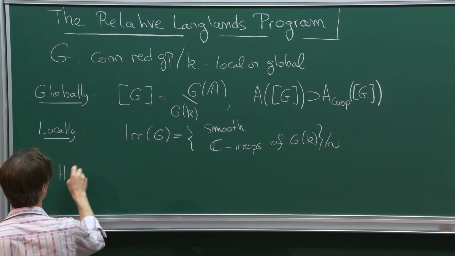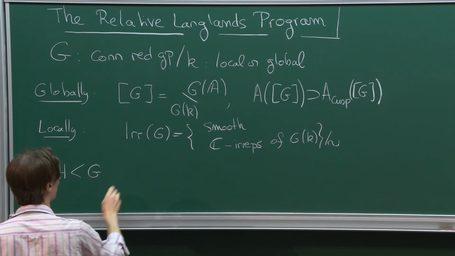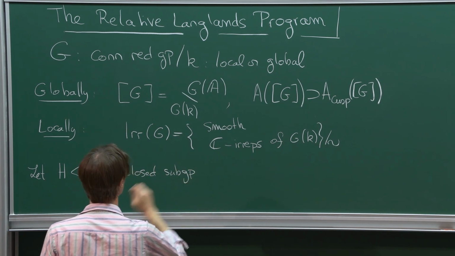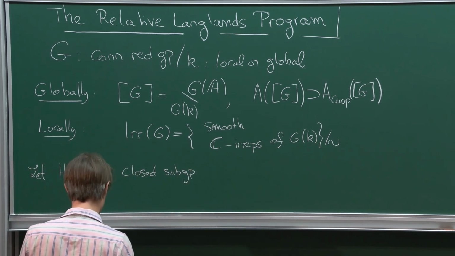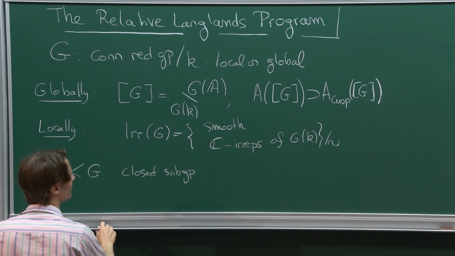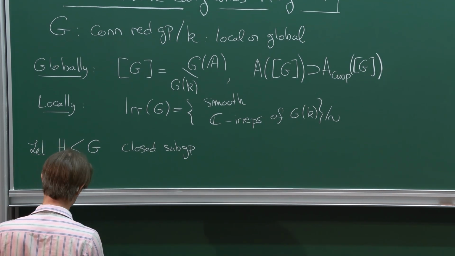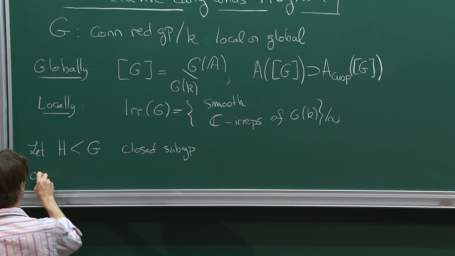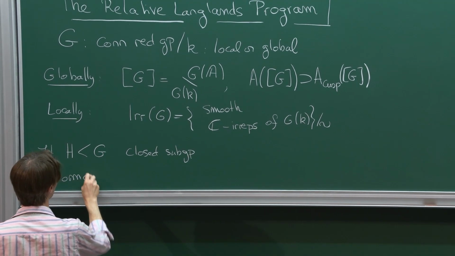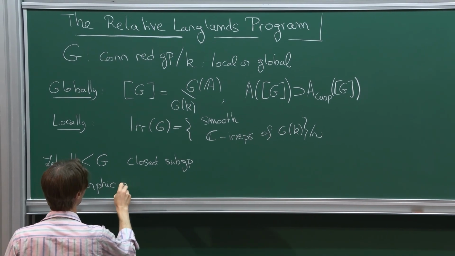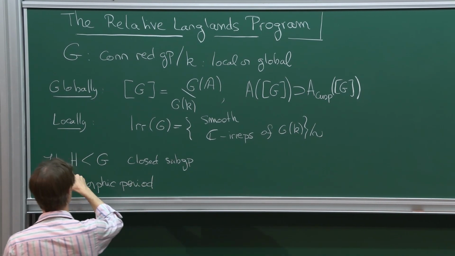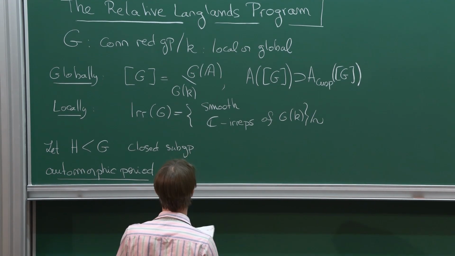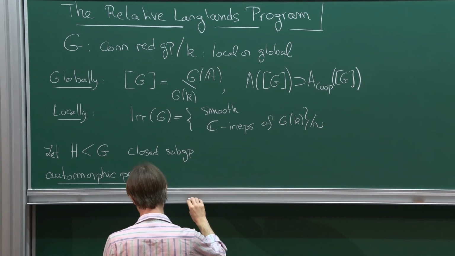One setting we can start with is to consider a closed subgroup H of G. It was realized that often what is called the automorphic period along H, a notion that already appeared in Pierre Henry's lectures, is useful.